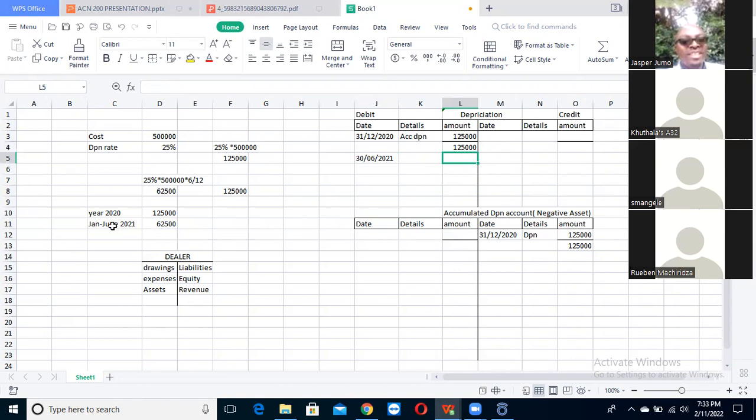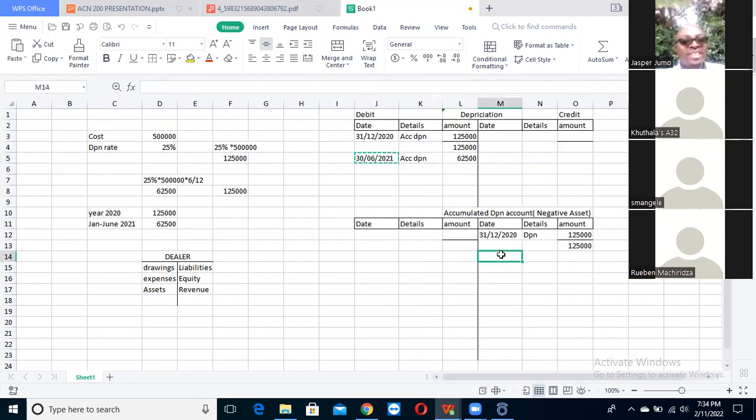So we want to move on and take the depreciation for the following year, which we have calculated and came to 62,500. So from January to June 2021, the depreciation charge was 62,500. And the details that we put is accumulated depreciation, because this amount is going to the accumulated depreciation account.